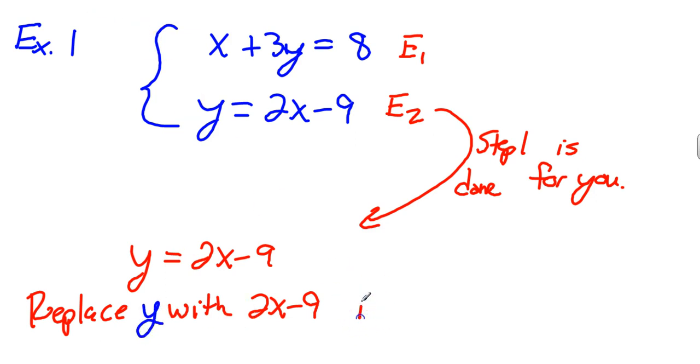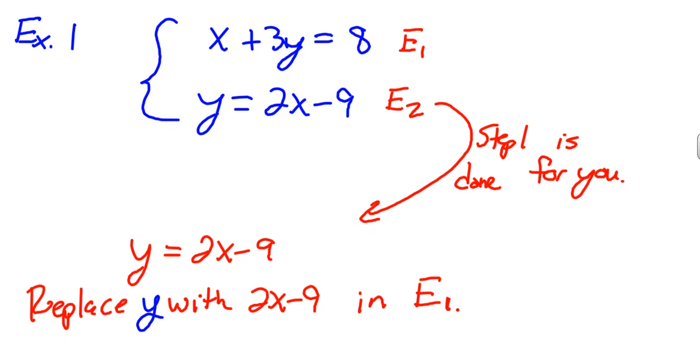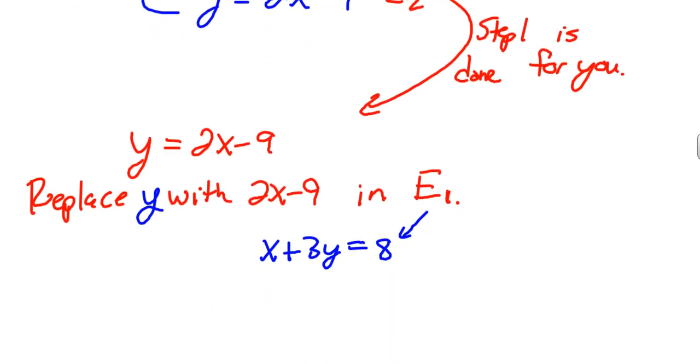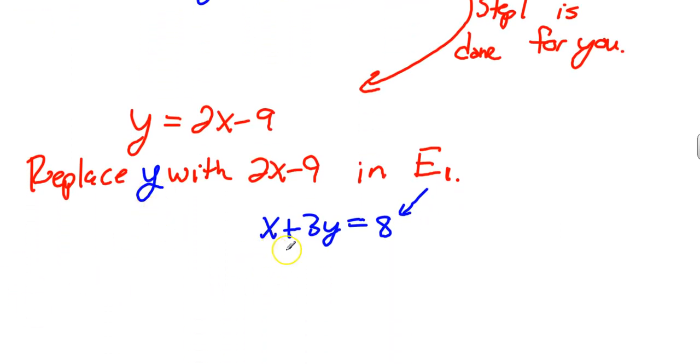This came out of equation 2, so we've got to plug that into equation 1. We had x plus 3y equals 8 for equation 1, and we're going to take out this y and replace it with 2x minus 9.